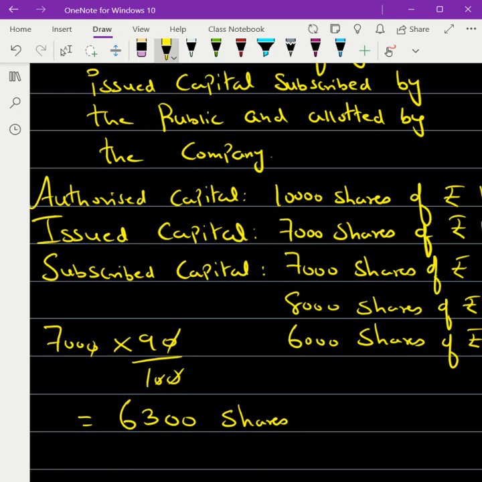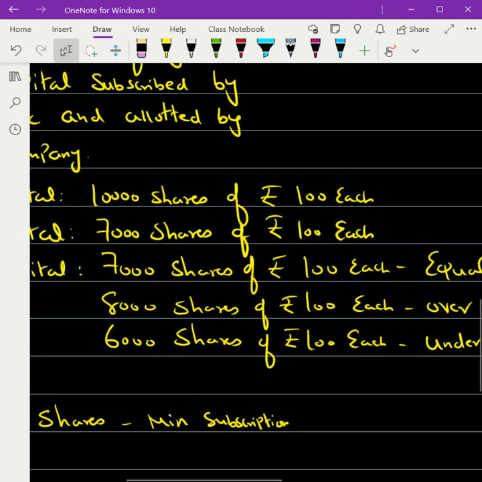So if 7,000 shares are being issued by the company, then at least you have to get 6,300 shares as your minimum subscription. Now you tell me, in my example, how much have I given as subscription?